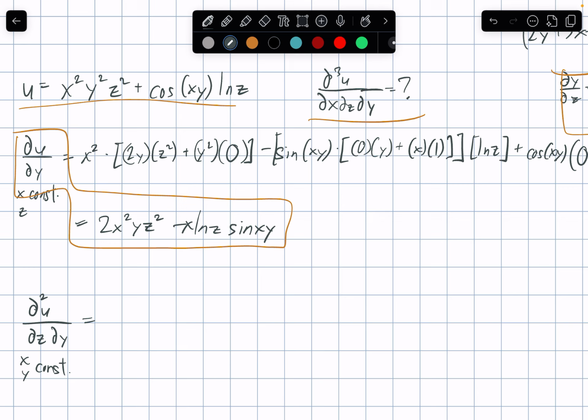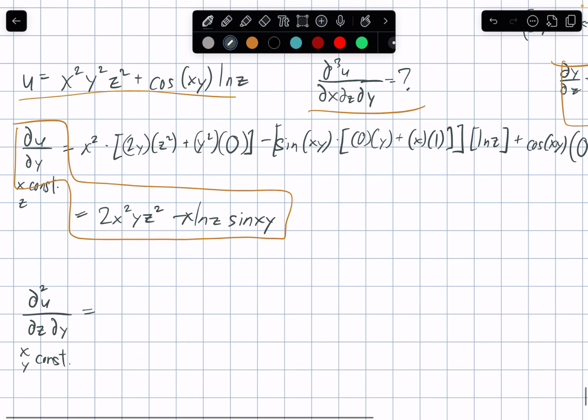Usually, so far, whenever there is partial y in the denominator, y isn't considered a constant. But in the context of higher order derivatives, it is technically a constant. So you just have to know when it's a constant and when it's not in the context of HOD. So this is one of the rules.